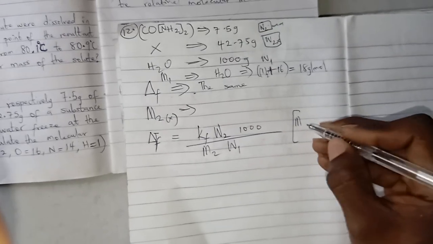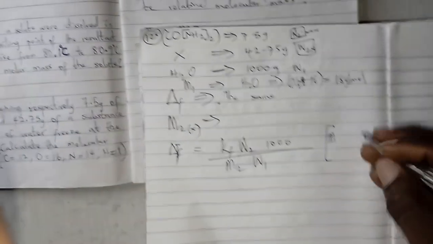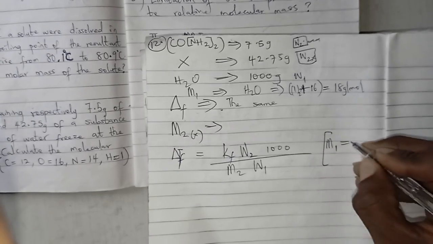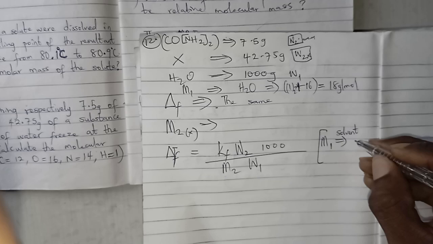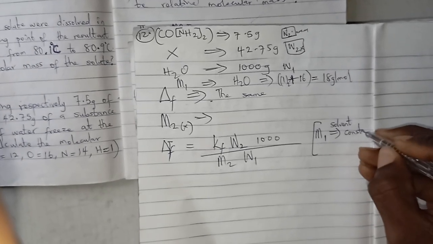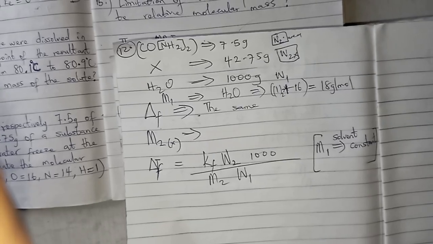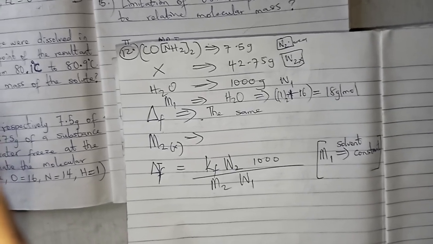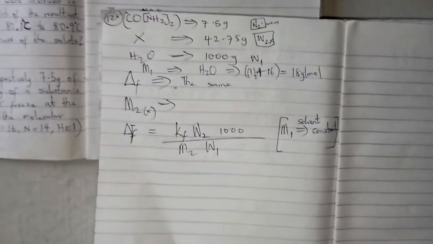We take the molar mass of the solvent to be constant. If you remember, I've talked about this before. There is no need checking it. It's always constant, so we are not using it, and we are not looking for it.